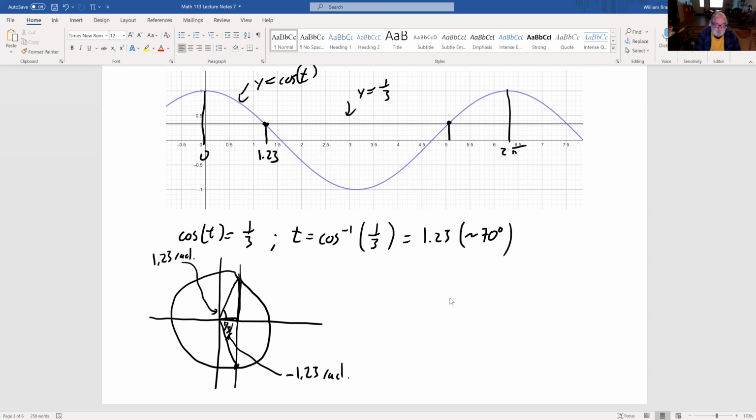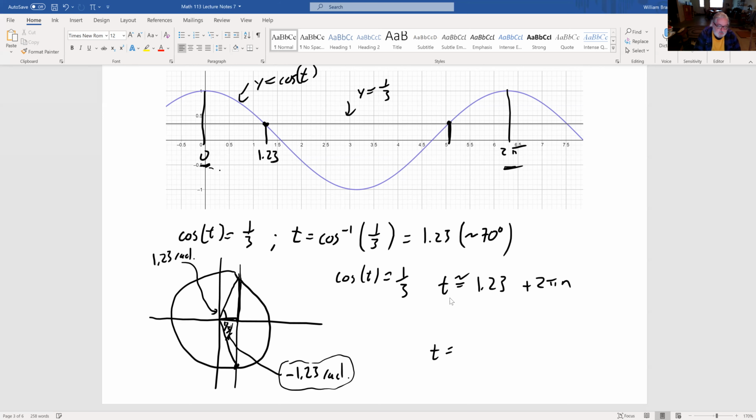So cosine t equals 1/3 tells me that t equals 1.23 radians, more or less, plus 2 pi n. Or t equals, well, we want to be careful here, because that's a negative number, and we want a positive number because we want solutions between 0 and 2 pi.